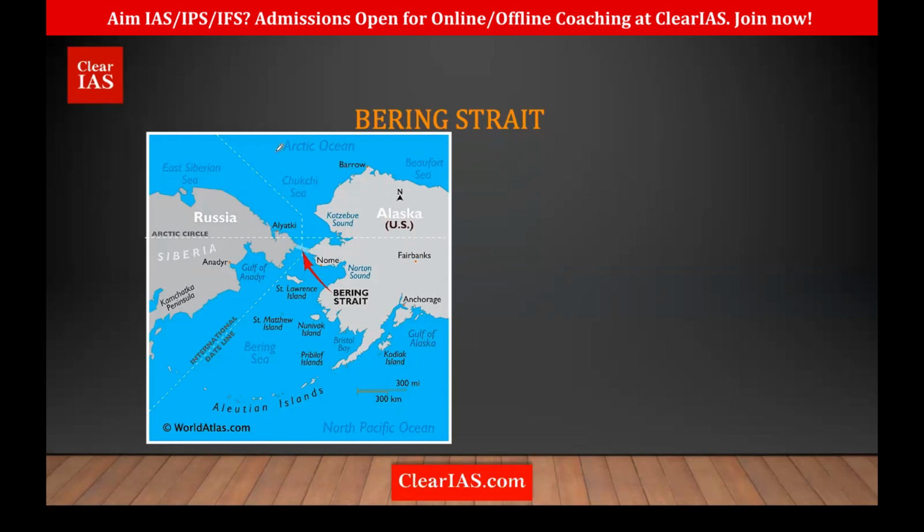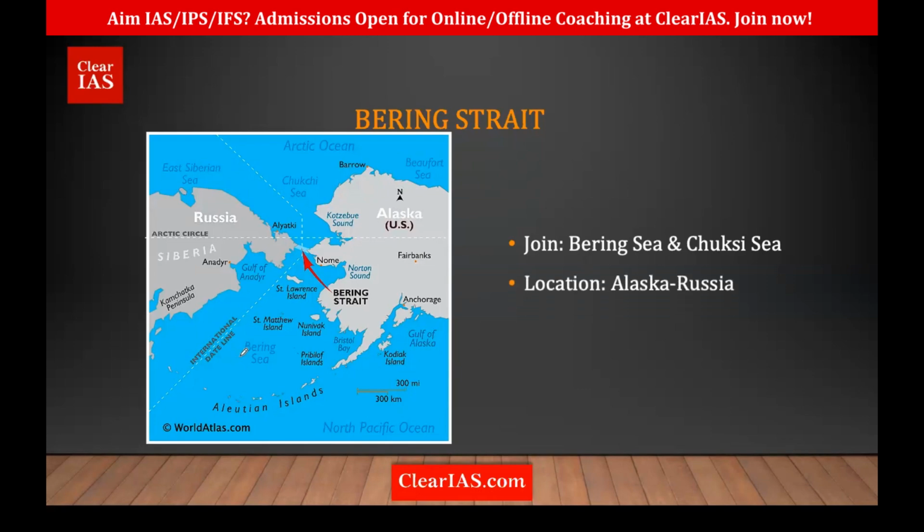The Chukchi Sea is part of the Arctic Ocean, and the Bering Sea is part of the Pacific Ocean. So basically the Bering Strait connects these two. Okay, clear?